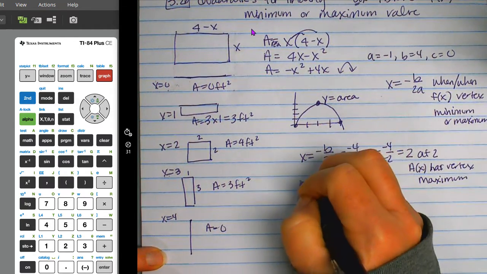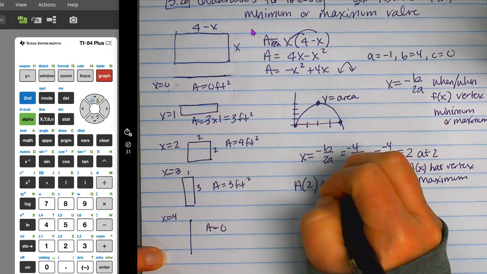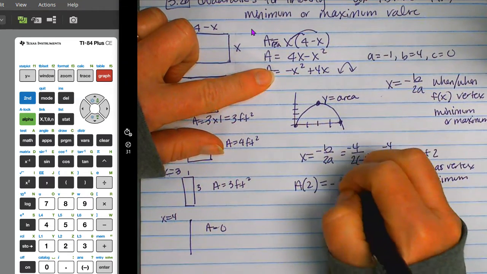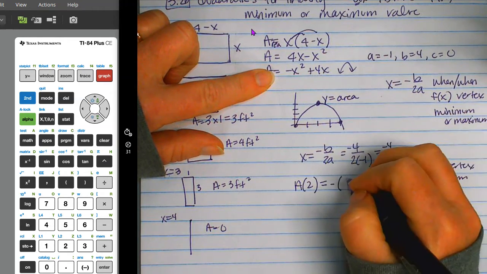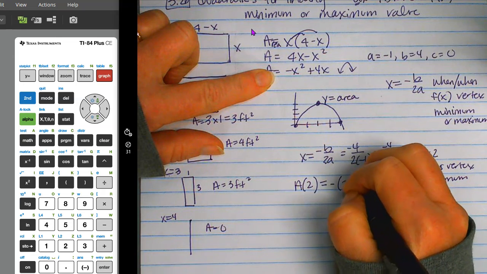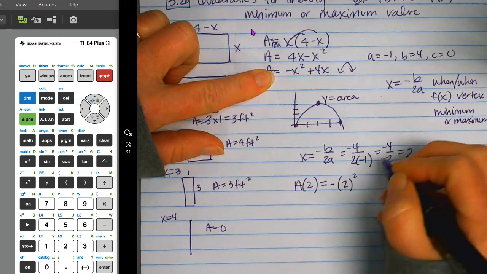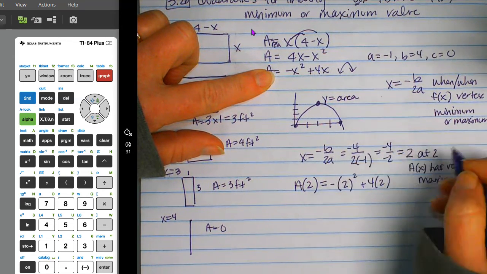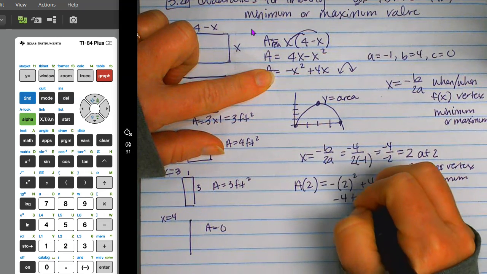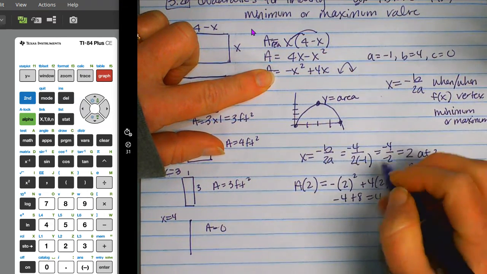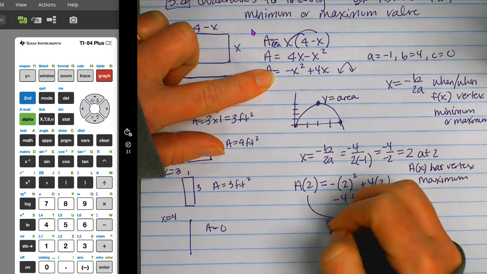We can plug in 2, so we can say area at 2 equals negative 2 squared plus 4 times 2. That's negative 4 plus 8 equals 4. This is area equals 4.